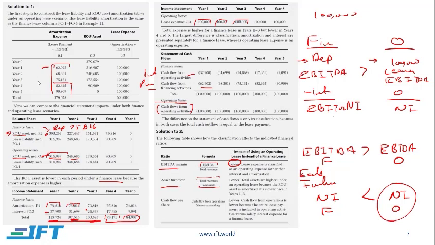So assets are higher in operating lease, so this ratio would be lower, because your denominator would be higher. And for cash flow per share, cash flow from operations in your operating lease would be lower, because the whole 100,000 is being deducted from your operating activities.